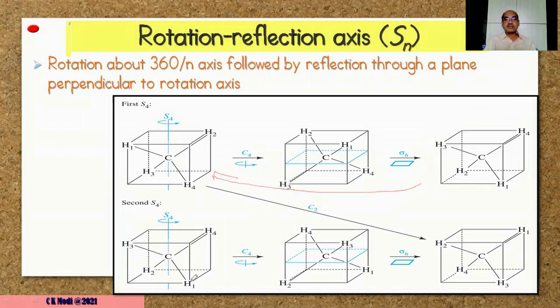Therefore we can say that this methane molecule has improper rotation, the rotation reflection axis. So what do we call this operation? We performed C4 first, followed by sigma h. Therefore this operation is called S4. This is called the rotation reflection axis.